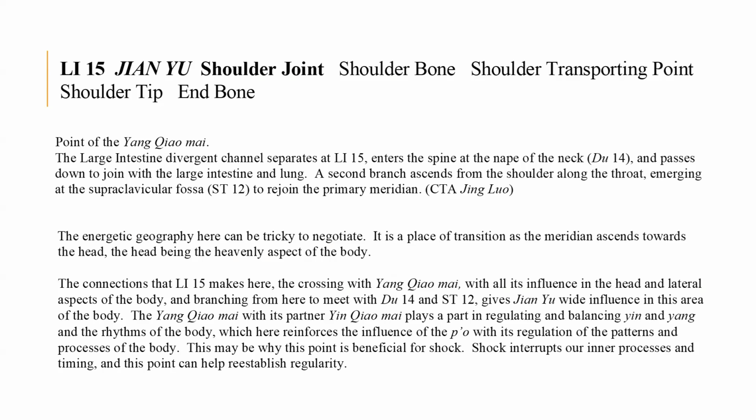The connections that LI 15 makes here, the crossing with the Yang Qiao with all its influence in the head and lateral aspect of the body, and branching from here to meet with Du 14 and Stomach 12, gives Jianyu wide influence in this area of the body.